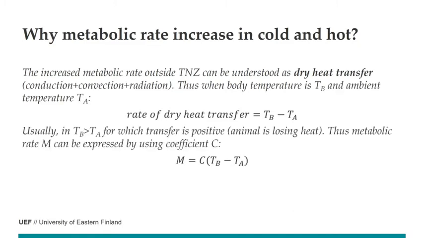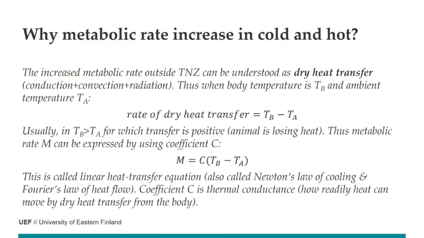And usually, for example, the human body temperature is 37 degrees Celsius, but usually our environment is colder. So the animal is losing heat. So this transfer is positive. And in these cases, we can easily put a metabolic rate in this equation using a coefficient C. And this equation is called a linear heat transfer equation, but it also has some other names.